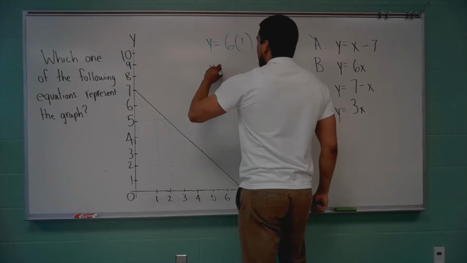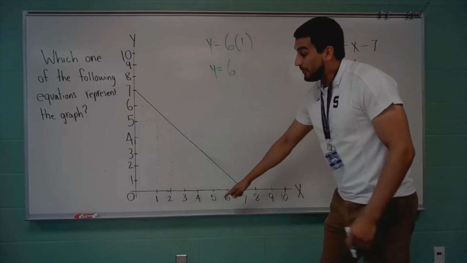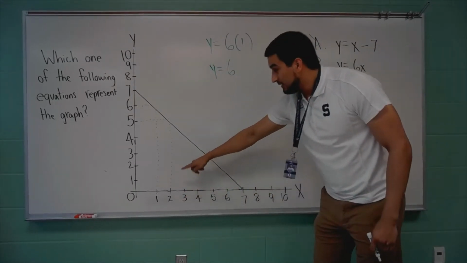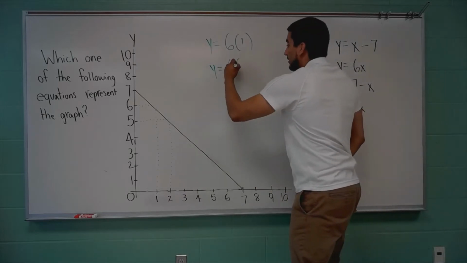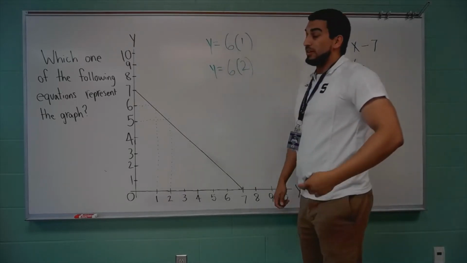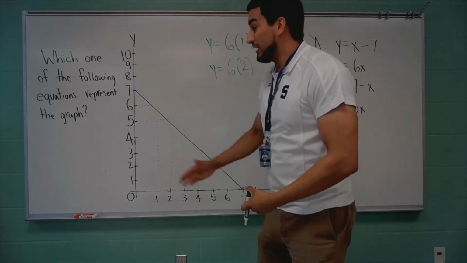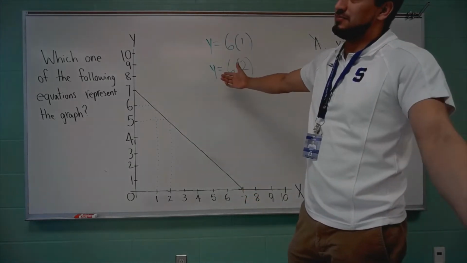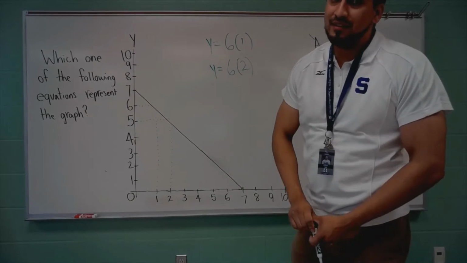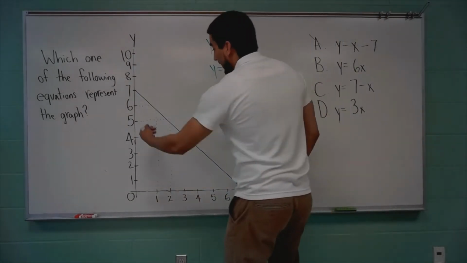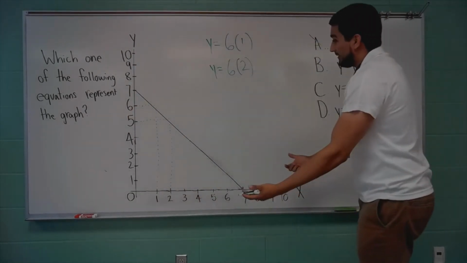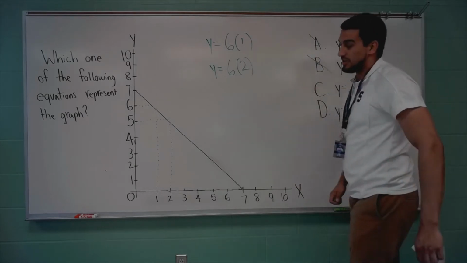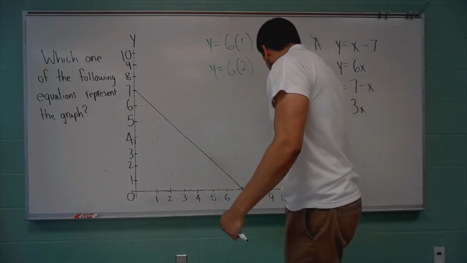So y equals 6, and I'm going to use 2 now. If this equation is correct, it should equal 5. 6 times 2 is not 5, it's 12. So I know that this one is incorrect because it obviously didn't work. Scratch it out. Move on to the next one.